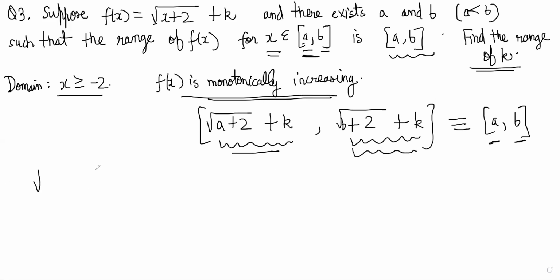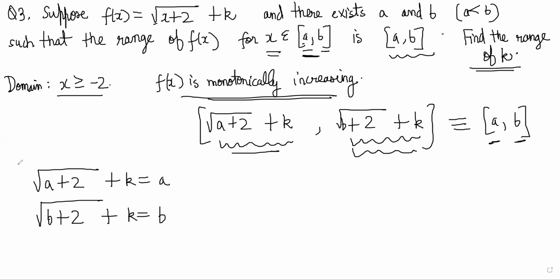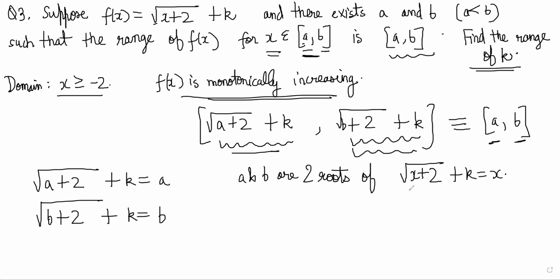So if I say this equation, root of a plus 2 plus k is equal to a, and this equation root of b plus 2 plus k is equal to b. Basically what I'm saying is that a and b are two roots of root over x plus 2 plus k equal to x, right? That is what I am saying here. These two things must imply this.